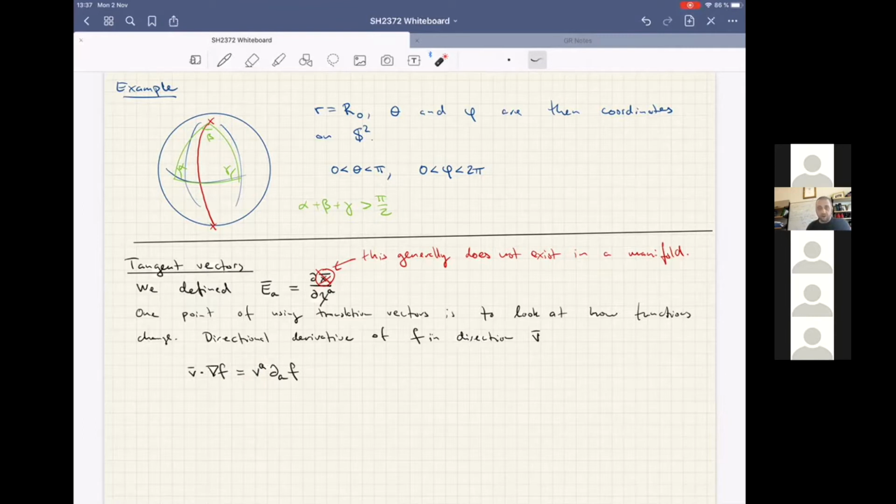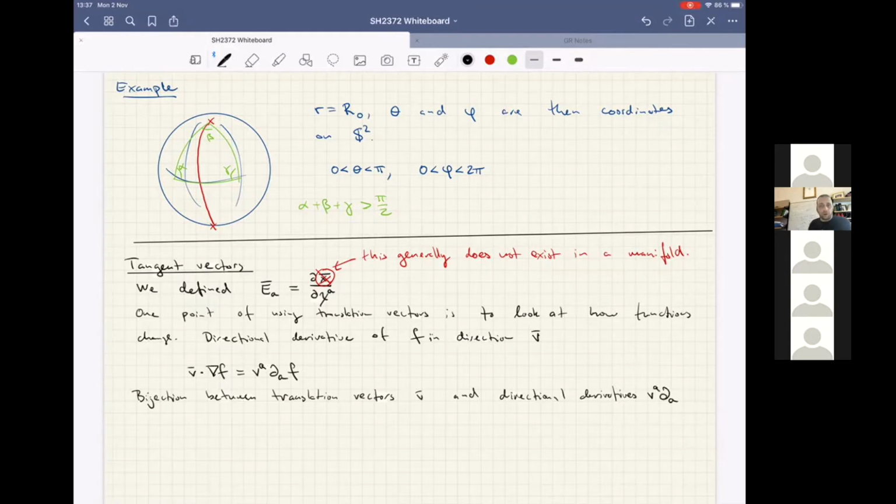But this is rather interesting because it means that there is going to be a bijection between translation vectors such as v and directional derivatives. So in this case, v^A ∂_A.